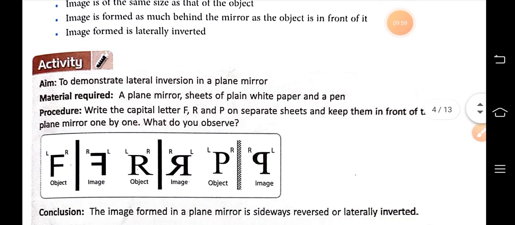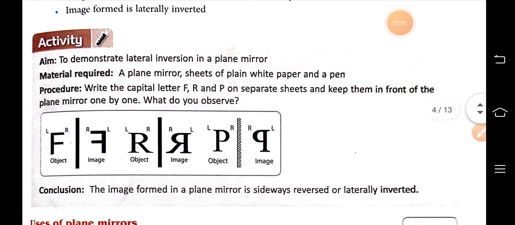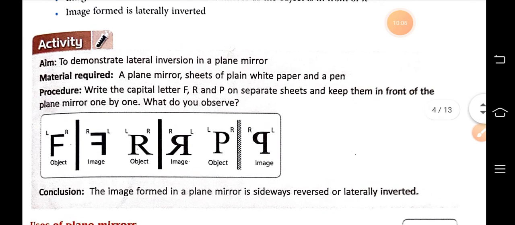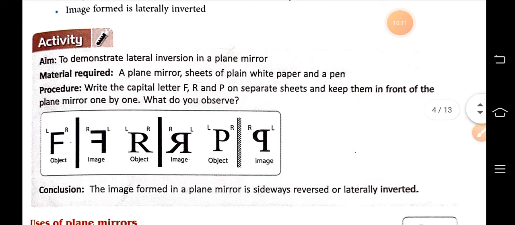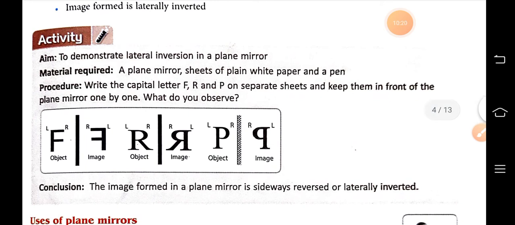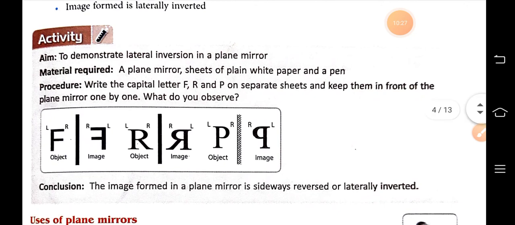See the activity to demonstrate lateral inversion in a plane mirror. You can do this at your home also. Stand in front of the mirror and write your name. If you write in the correct order, then it can't be read in the plane mirror. But if you write in the reverse way, backward, it will appear straight in the plane mirror.